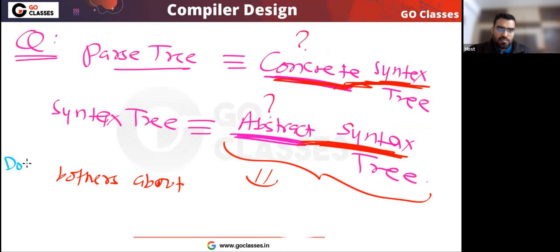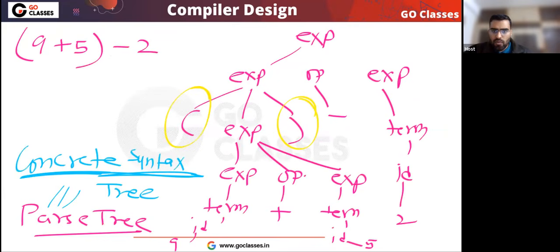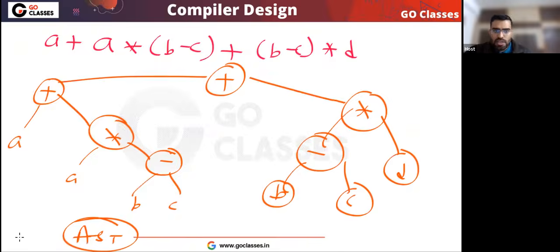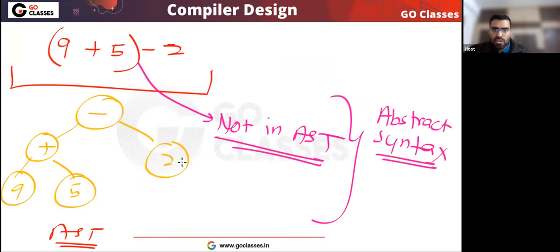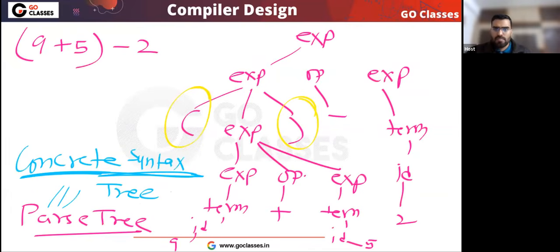Is this clear? Does anyone have any doubt why this is called the abstract syntax tree and why the parse tree is called concrete? That is the reason the parse tree is called the concrete syntax tree.